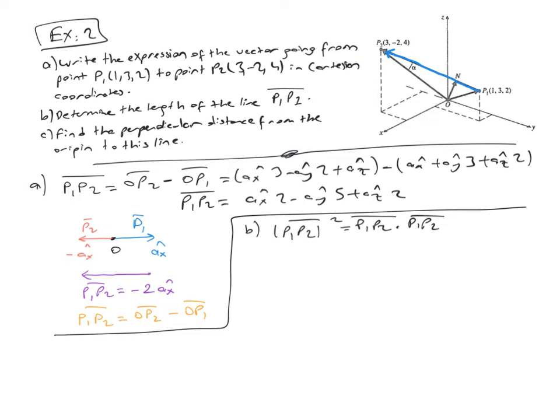I will directly write the answer. In part C, we're asked to find the perpendicular distance from the origin to vector P1P2. So we are asked to find the magnitude that belongs to this vector.